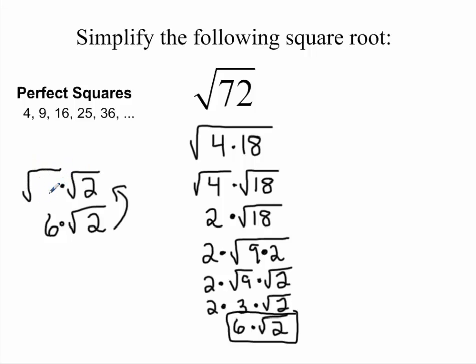So the square root of which number is 6? Well, if I were to go through this list, I know that 36 is 6 times 6. So this would have been 36. And if I were to go back one more step, the square root of 36 times 2, I can see working backwards, it gives me back my original square root of 72.